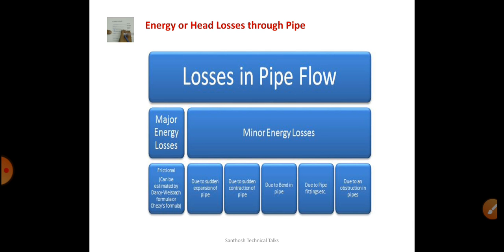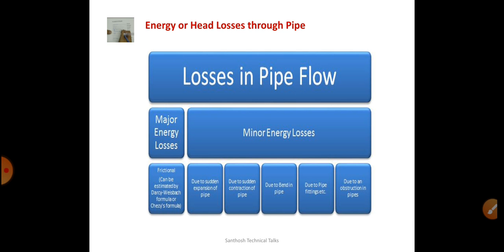Major loss is by means of friction, the viscosity, and the interaction of the surface and liquid region. In this region the friction is there, therefore those losses are called major losses. They can be estimated by means of the Darcy-Weisbach formula, the Chezy formula for turbulent flow, and for laminar flow we can use Hagen-Poiseuille.